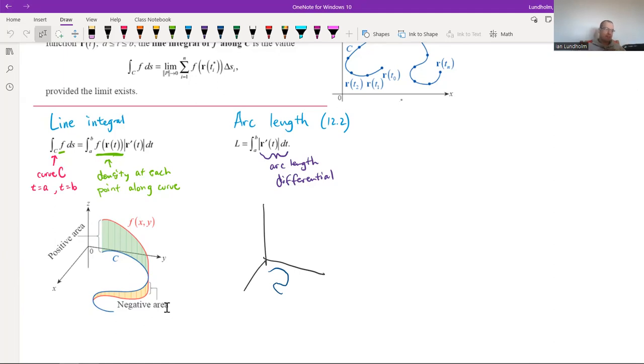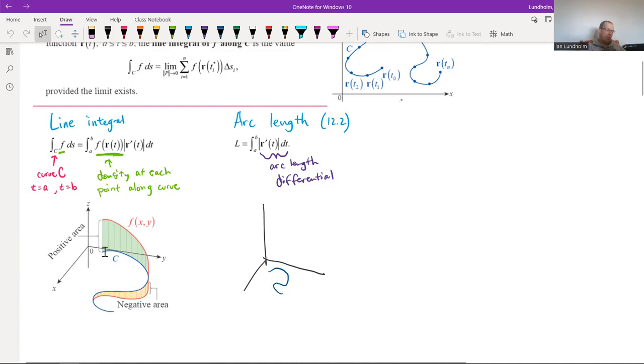Instead of just having an arc that has a somewhat boring length, what we can do now is have a curve that has differing densities all along the curve, and those differing densities are given to us by the height of some function f.